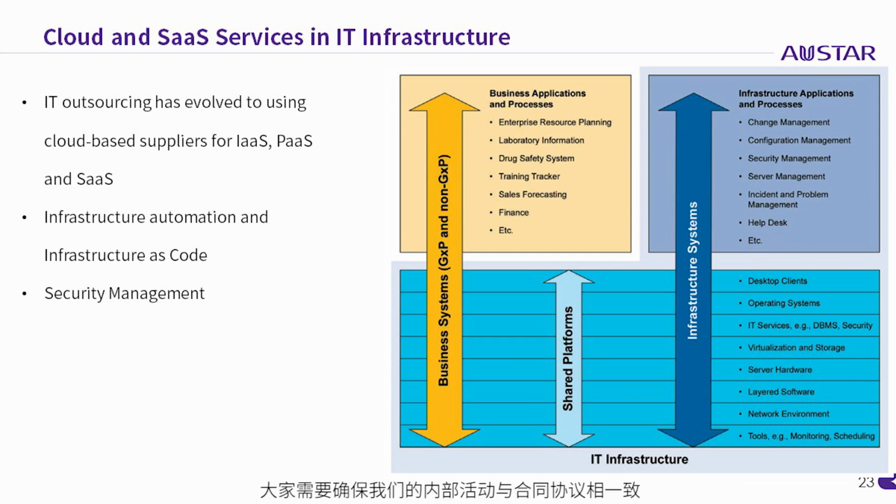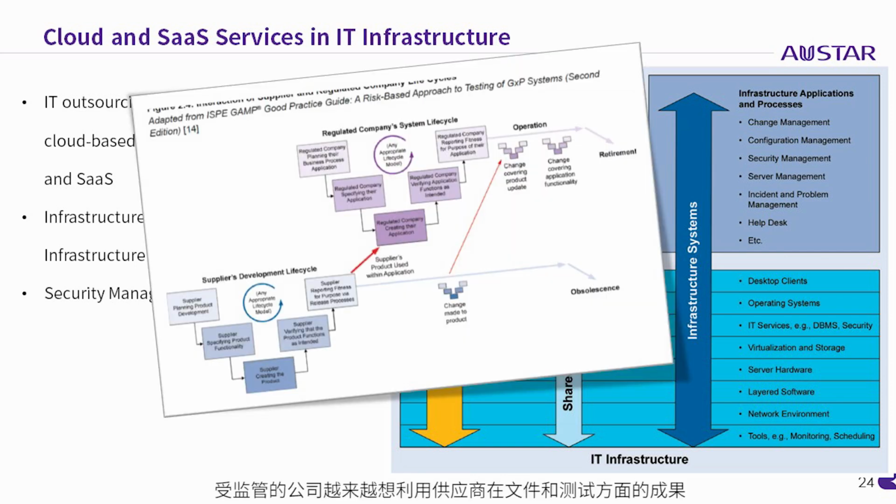You need to make sure that your in-house activities are aligned to the contractual agreements, like service level agreements and/or quality agreements with the provider, to ensure all critical to quality aspects are adequately covered. Regulated companies more and more want to leverage supplier effort regarding documentation and testing. The challenge is to be seen in the integration of the two life cycles.